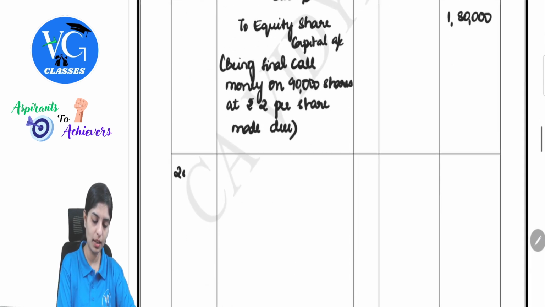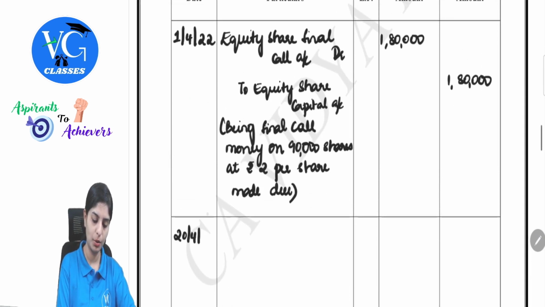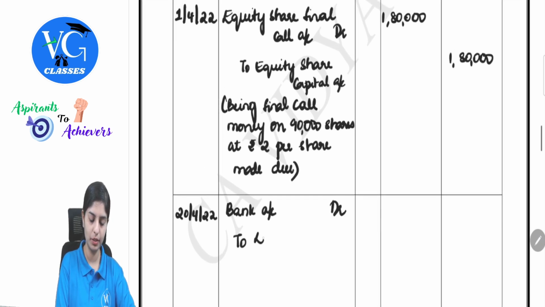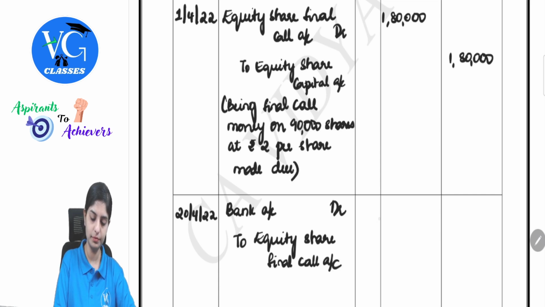Yes. So next, the question is also telling us the call money was received by 20th April. So 20th April 2022, bank account debit to equity share final call account, 1,80,000 and 1,80,000.